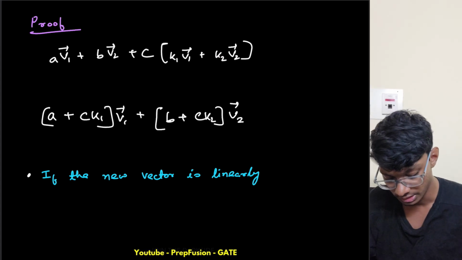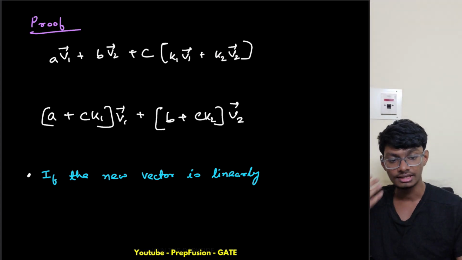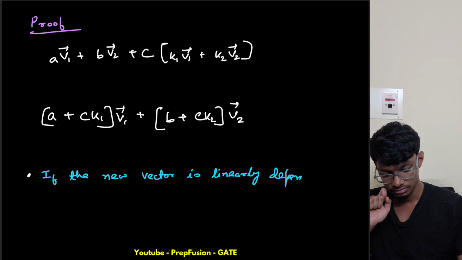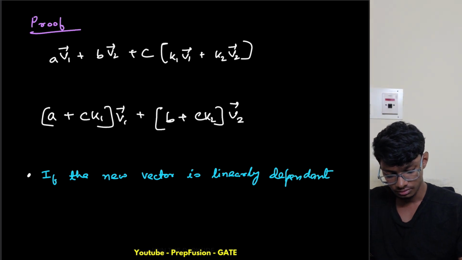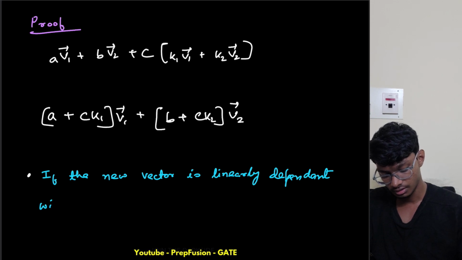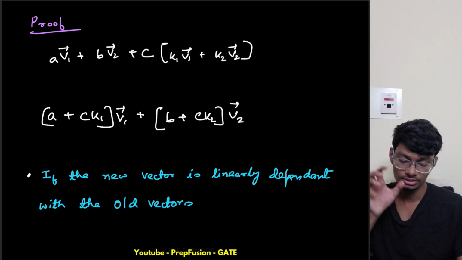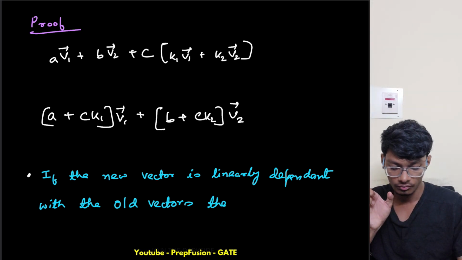So if the new vector is linearly dependent with the old vectors, then what is the key point here?